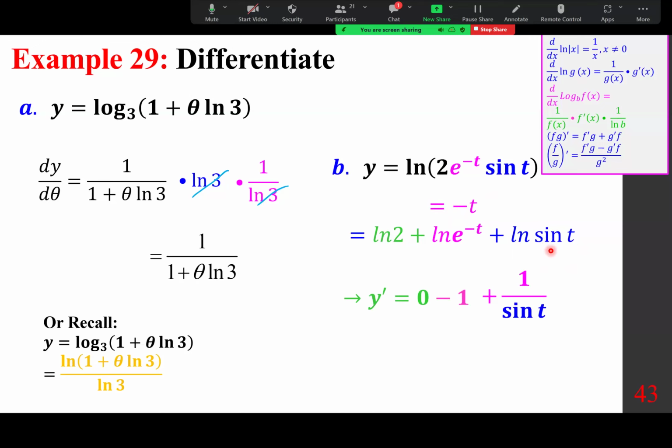By the chain rule, we need the derivative of the expression sine t, which is cosine t. So this is minus 1. Cosine over sine is cotangent t, and we are done.